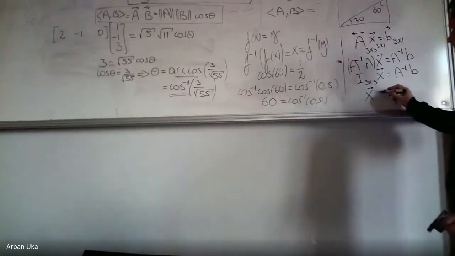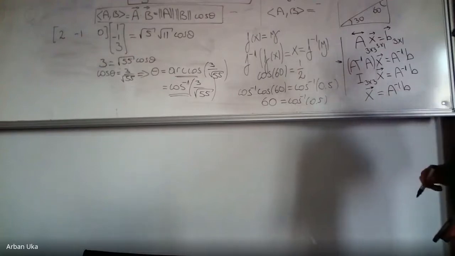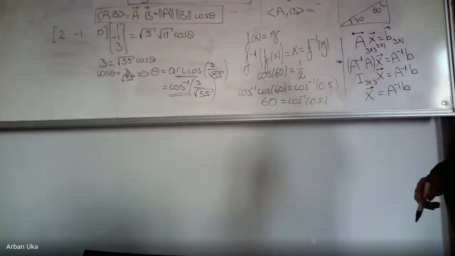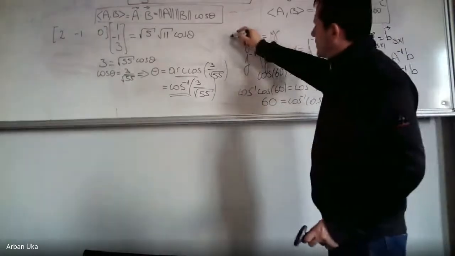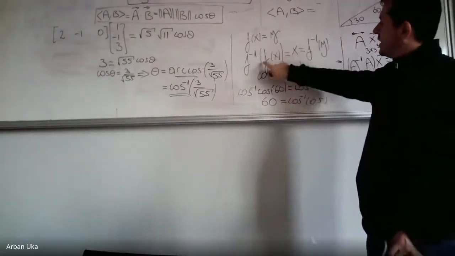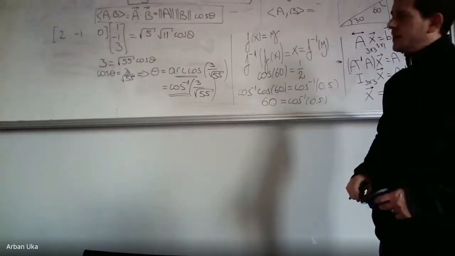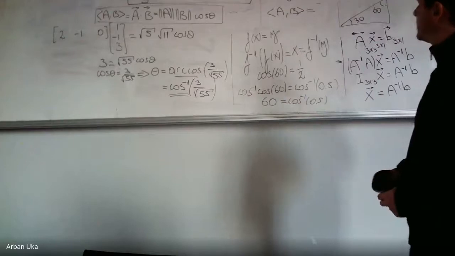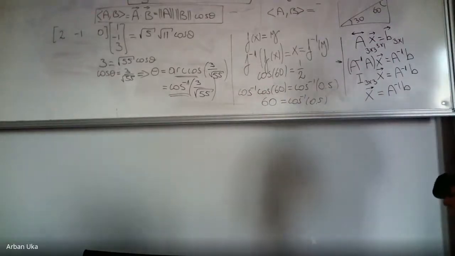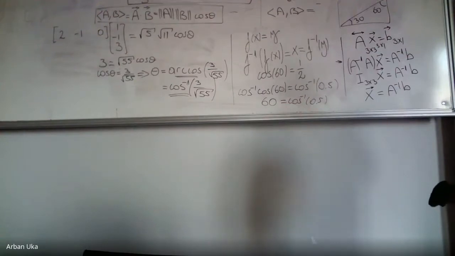So x is equal to A inverse times b. So the inverse of the matrices is equivalent to some degree or fully with the application of the inverse function or cosine arc cosine. So this is how we can work with these.